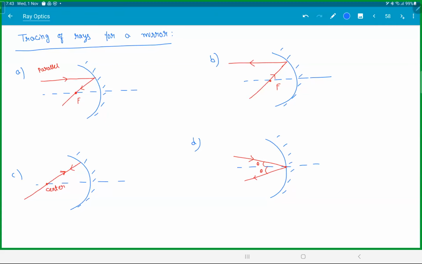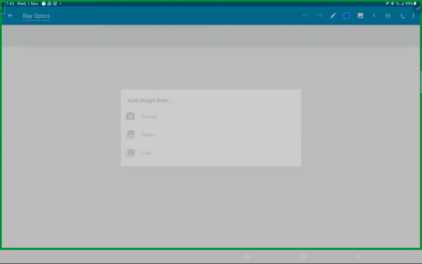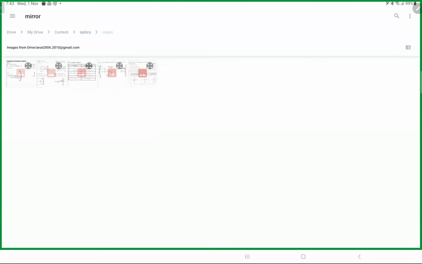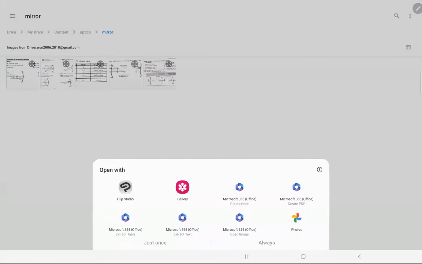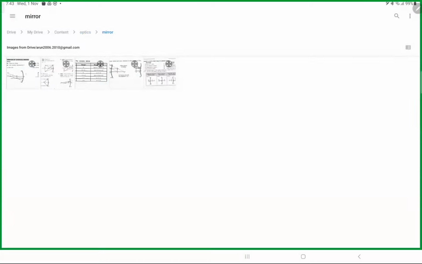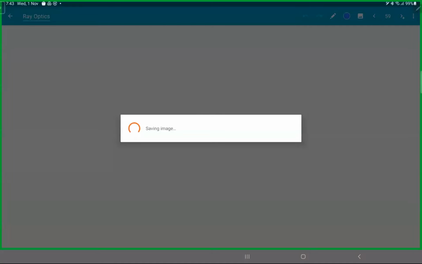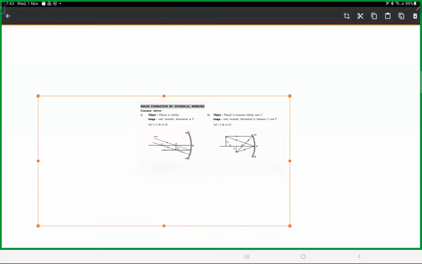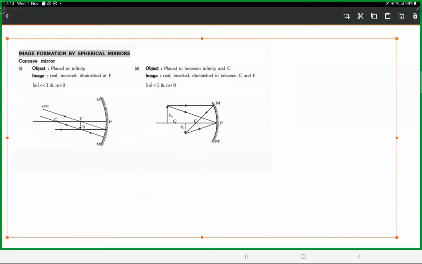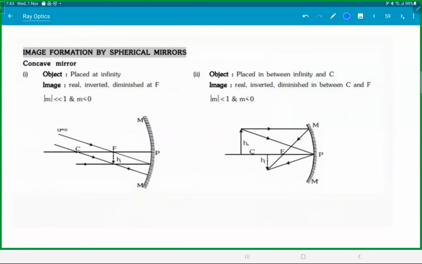Okay, it's there in CBSE also. There. Have a look at this.